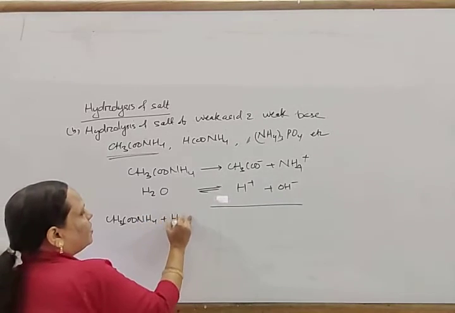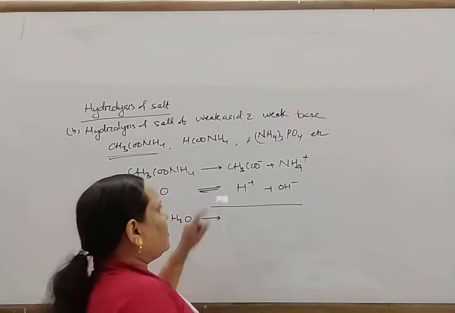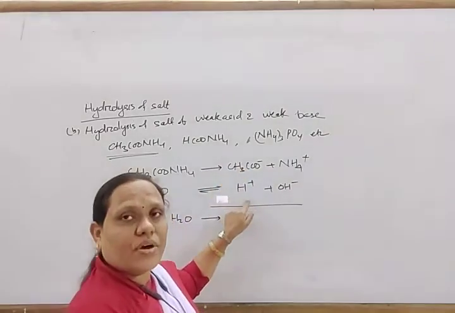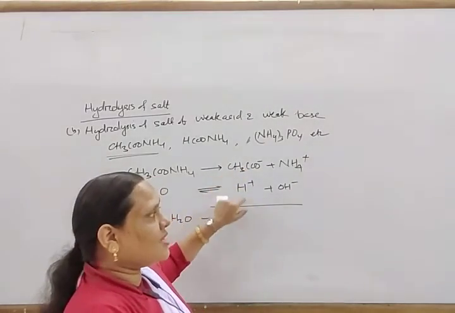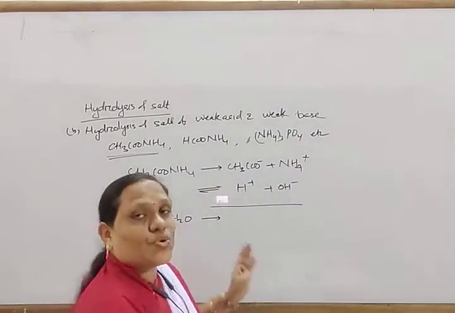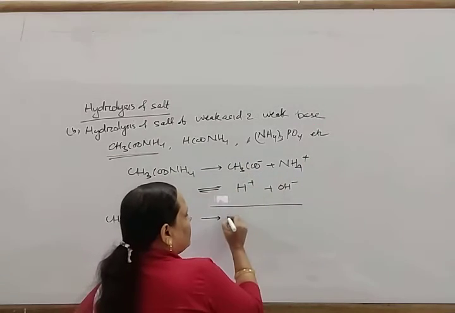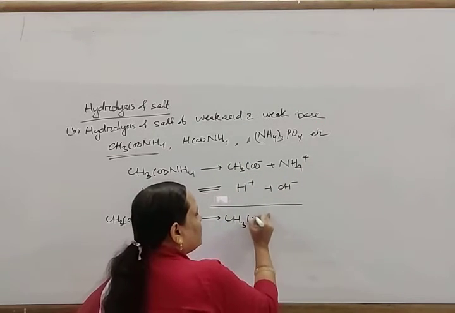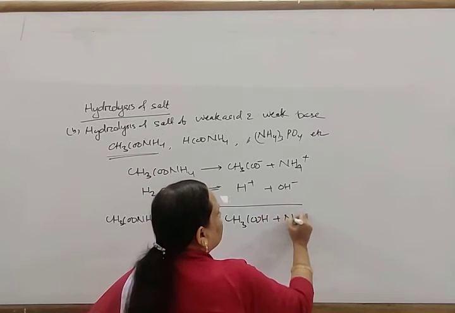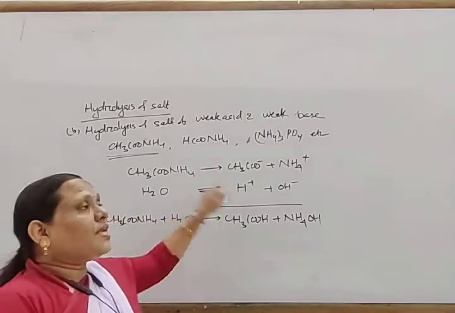Look here, CH3COO minus and H plus will form a weak acid, that is acetic acid. NH4 plus and OH minus will form a weak base, that is ammonium hydroxide. So these two ions react to form CH3COOH plus NH4OH.